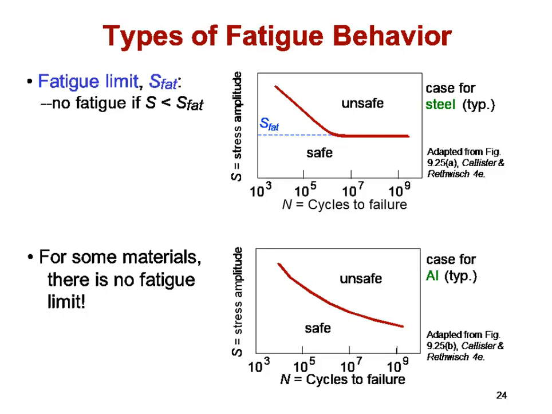Aluminum, unfortunately, being face-centered cubic, doesn't have a fatigue limit generally. So that means that for any given stress amplitude, eventually, when you cycle it enough times, it's going to fail. It doesn't mean you can't use it, but you have to be aware it has a finite life, no matter how low the stress is.